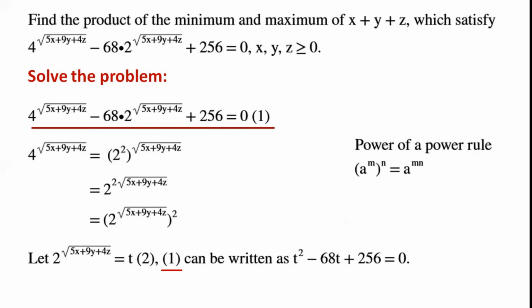Let 2 to the power of root of 5x plus 9y plus 4z equal t. Equation 1 can be written as t squared minus 68t plus 256 equals 0.